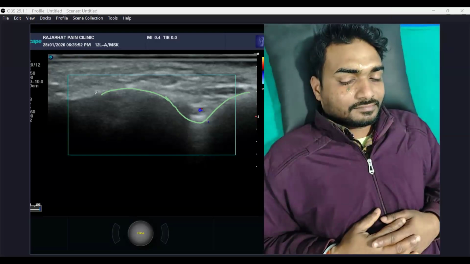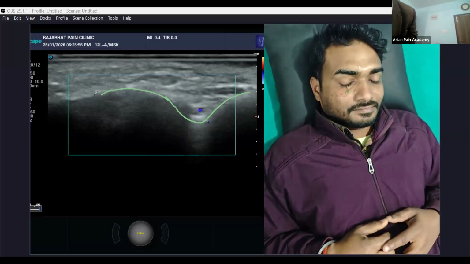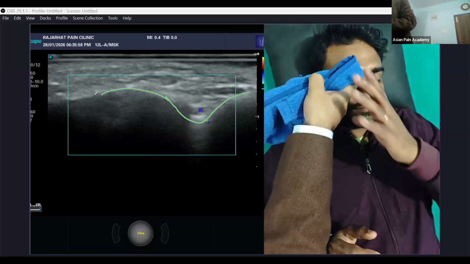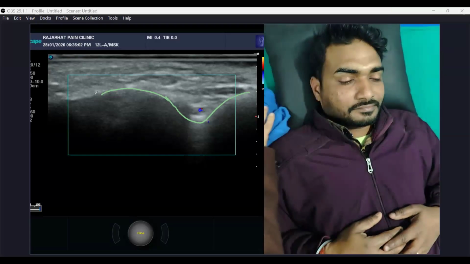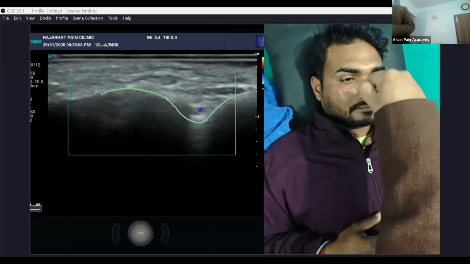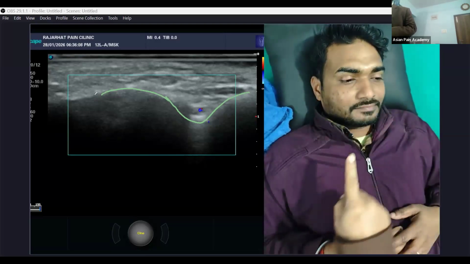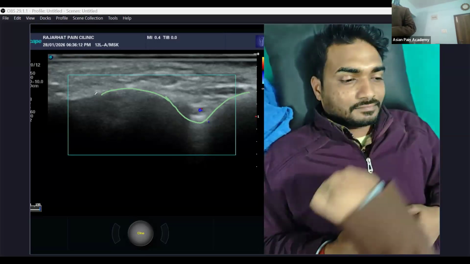Because you have to see in the ultrasound machine also, on the screen. So how I am standing is also acceptable. And you will see from here, and your injection will not go towards the eye. It will go like this from above to below.